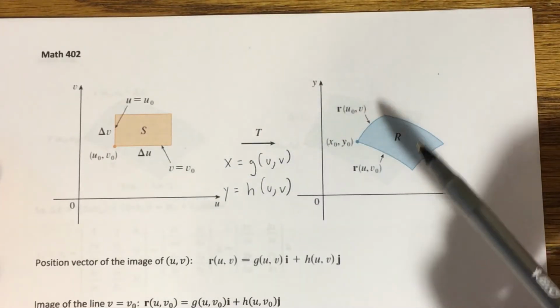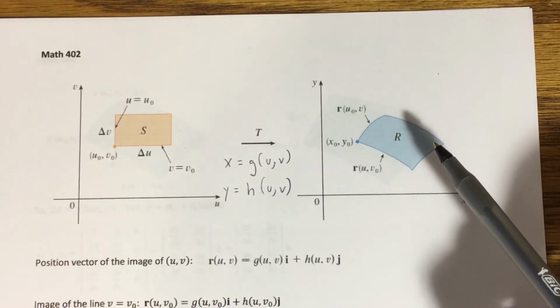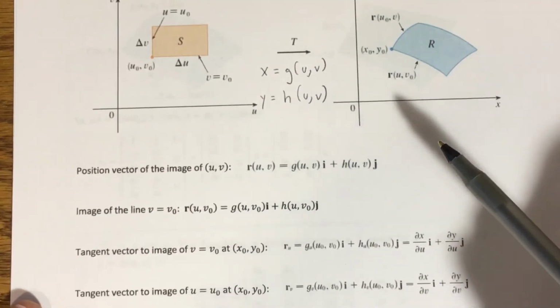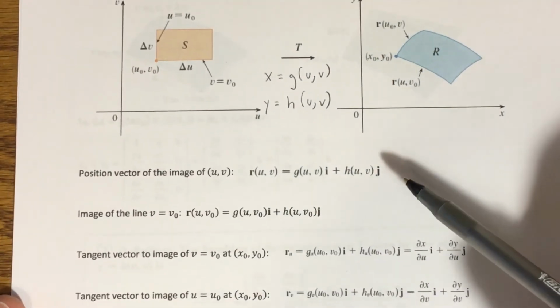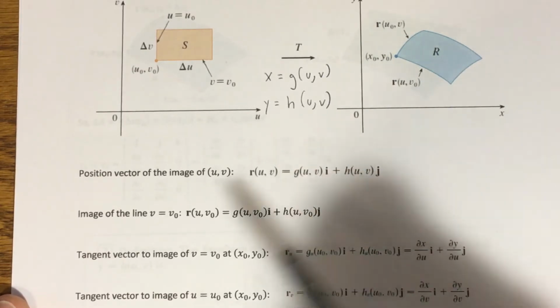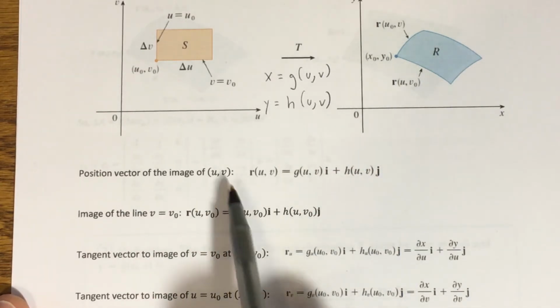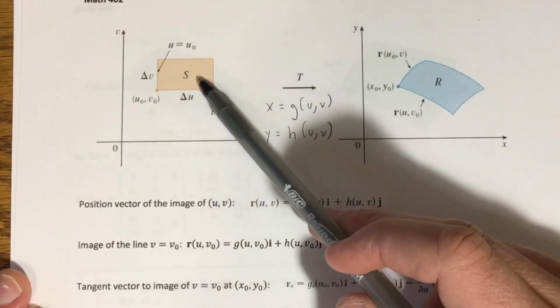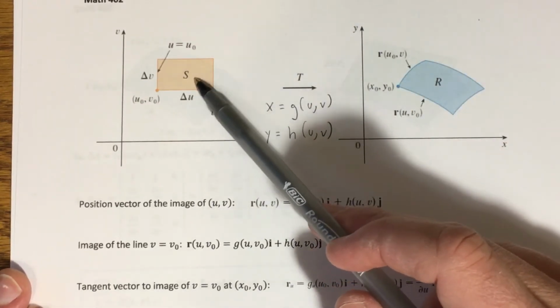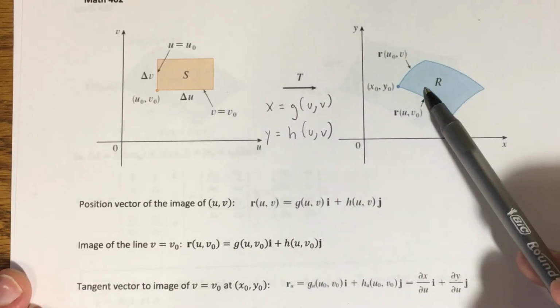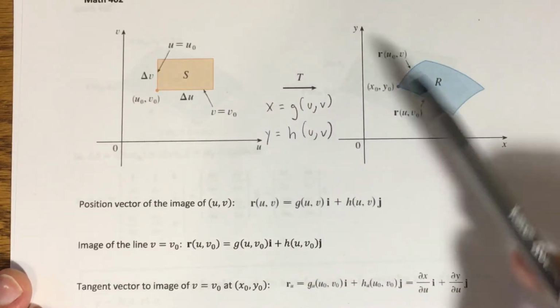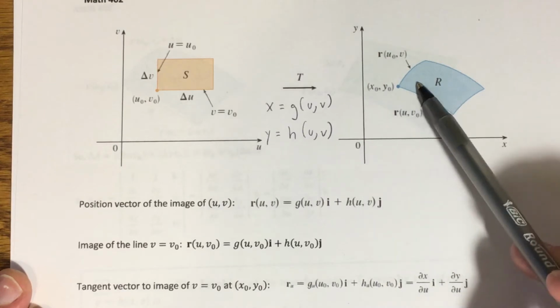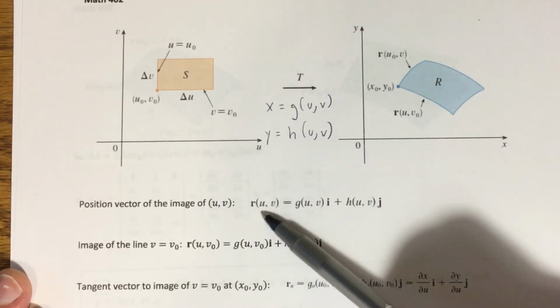Okay? And then what I'd like to do is define a couple of objects of interest here. So first of all, the position vector of the image of u, v. So if u, v is any point here, in particular a point in S, it's going to map to a point in R, and I want the position vector of that point to be r of u, v.